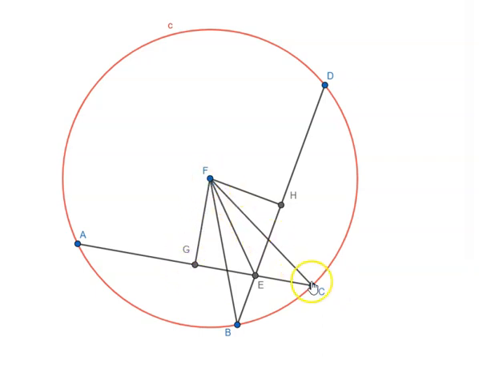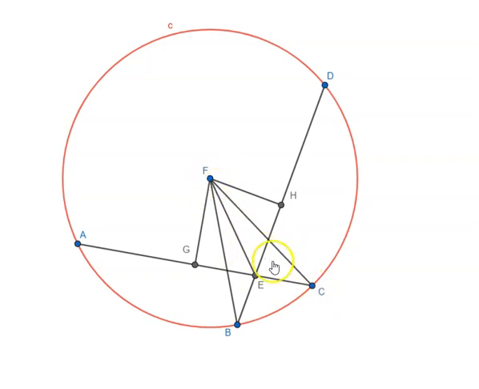So we substitute it with FC square. Similarly, on the left hand side, we had AE by EC plus GE square plus FG square. So let's substitute GE square plus FG square with FE square. So what we end up with is AE by EC plus FE square is equal to FC square.